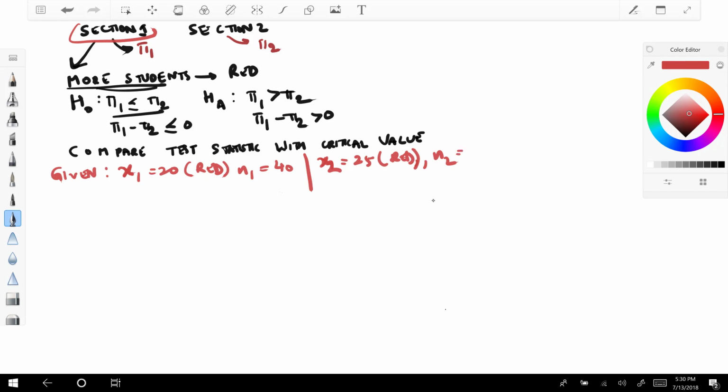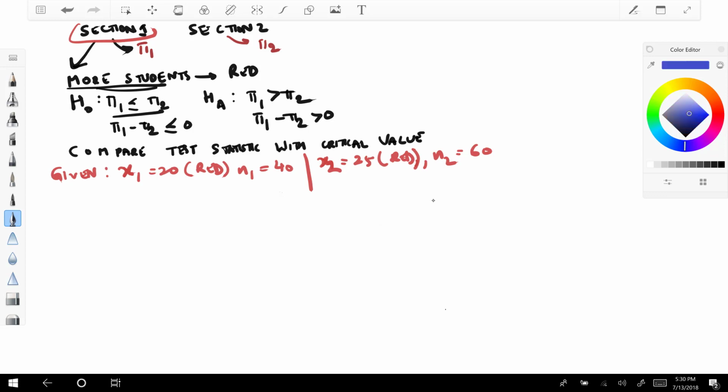So we take a sample of 60 students. Now that we have the number of students who like color red and the sample size, we can determine the proportions.